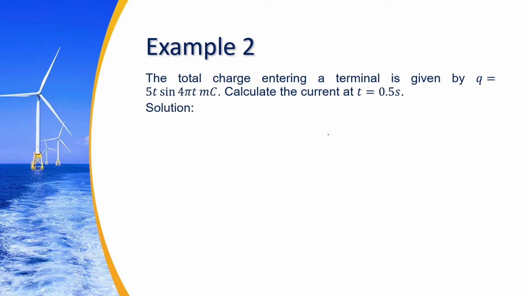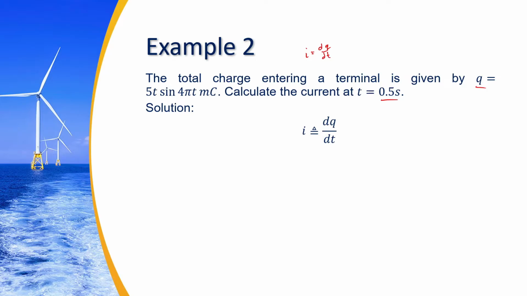Dito, possibly, dito na tayo tumama. Ang papasok sa isipan natin is yung formula natin kanina na current is equal to dq over dt, kasi meron na tayong charge, meron tayong time.